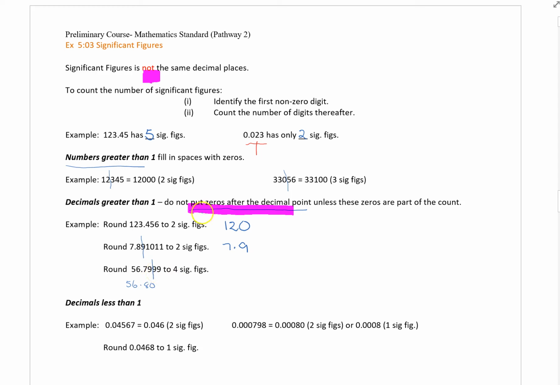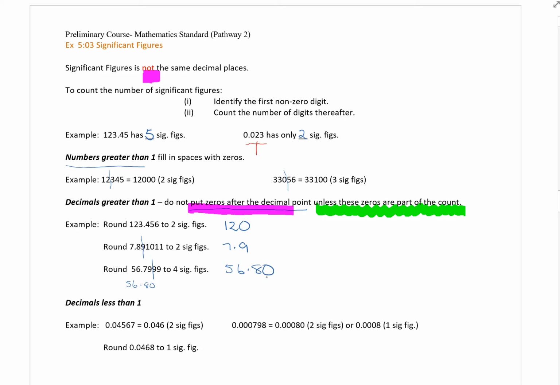Now, this instruction, do not put zeros after the decimal point, has a qualifying bit, unless these are part of the count. This is a good example for that, because that 0 there comes after the decimal point, but it is part of the count. It has to be included in your rounded number, so it's 56.80.